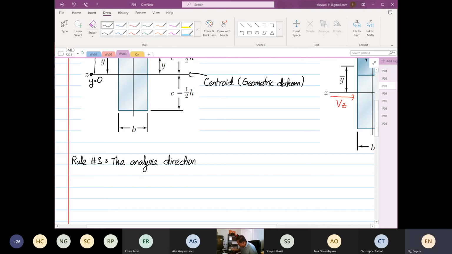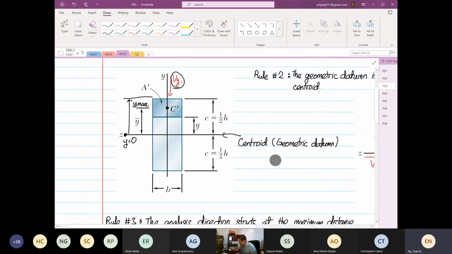The analysis direction starts at the maximum distance relative to the centroid. So what do I mean by that?